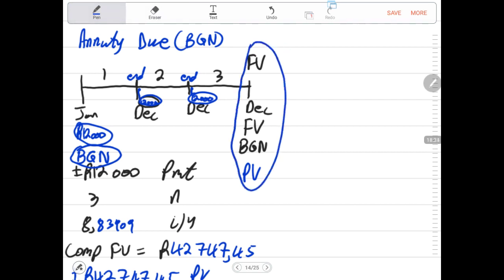But if you are instructed to calculate future value at the beginning of year 3, what does that mean? That means we don't put the BGN function. That will give us the future value at the beginning of year 3, not at the end of the term, which is the end of year 3.